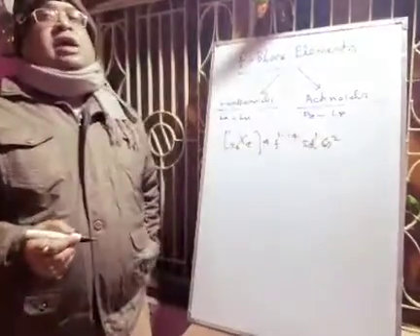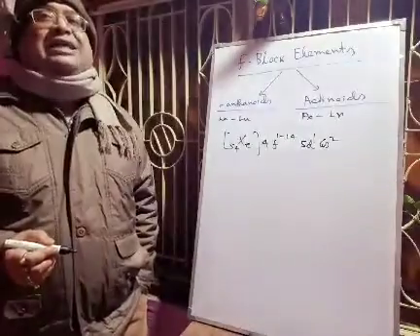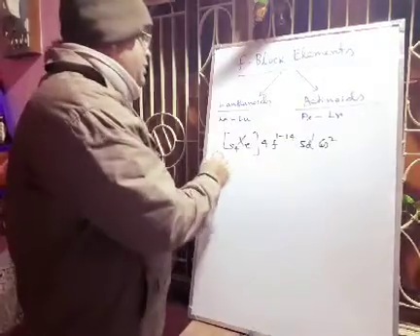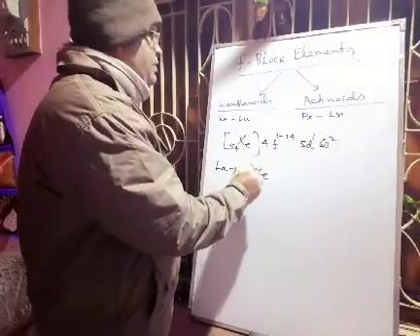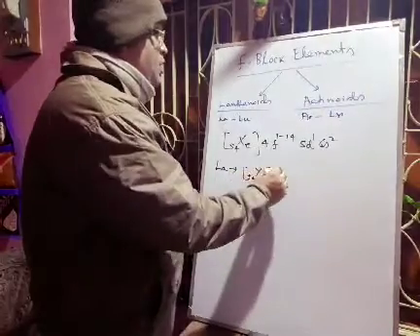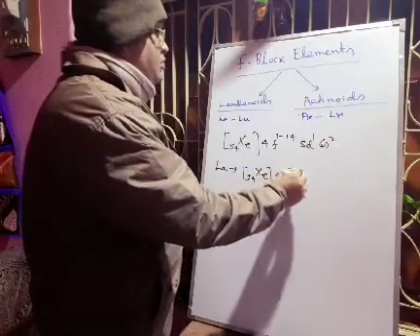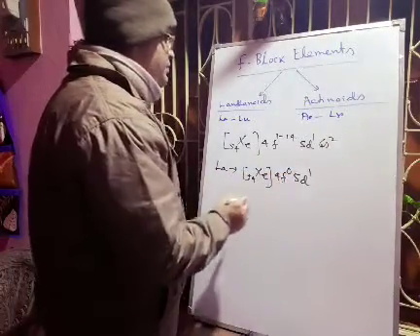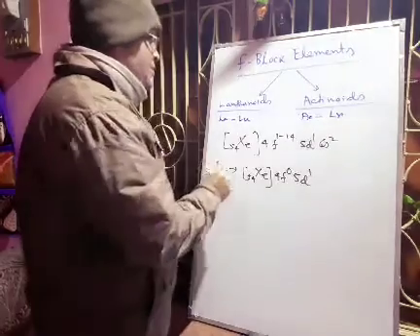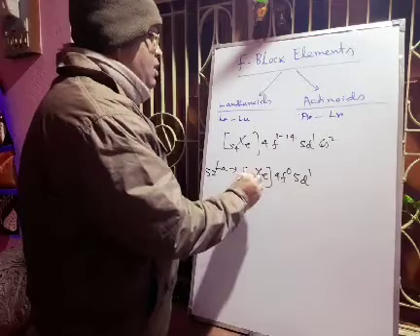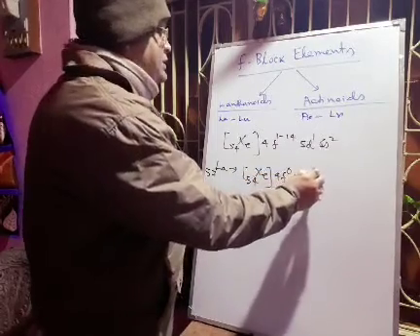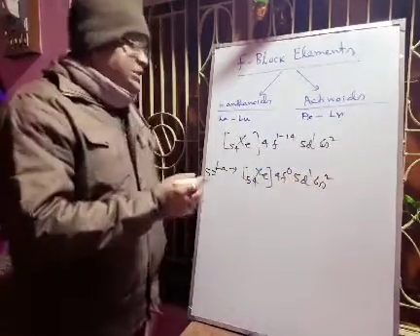The first element is lanthanum. What is the electronic configuration of lanthanum? Xenon 54, 4f0, 5d1, 6s2. Lanthanum is 57.